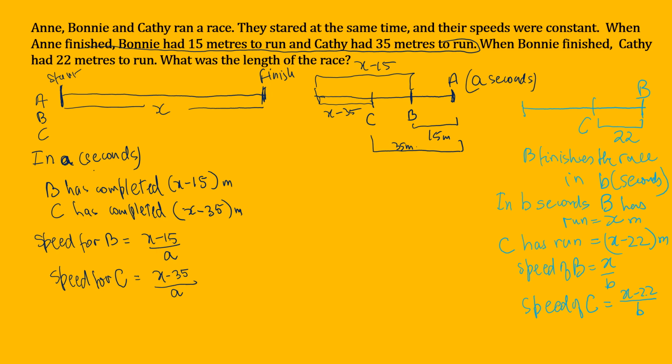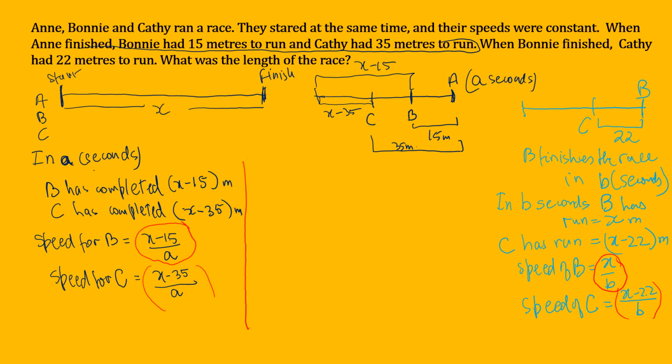They have told us that the speeds are constant throughout the race for each of them. So this speed for B and the earlier speed for B should be the same value, and similarly for C. So we're going to equate them. There are too many unknowns, but let's not worry about it; we will see that it works out very nicely.